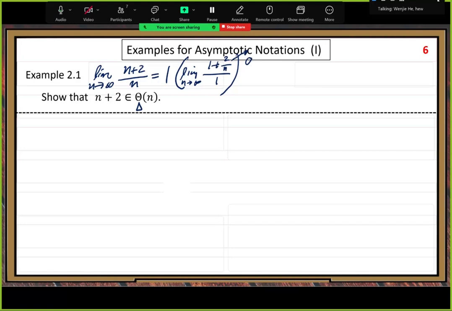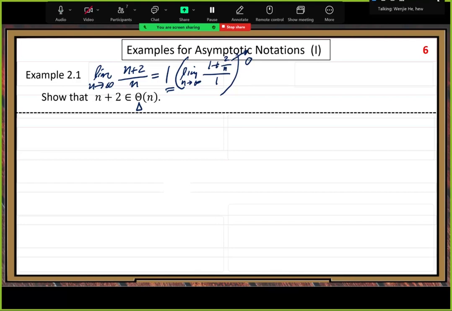So you get 1. The limit is 1, a non-zero positive constant. So based on our method 1, your conclusion is that f belongs to big theta of g. That's the limit way.